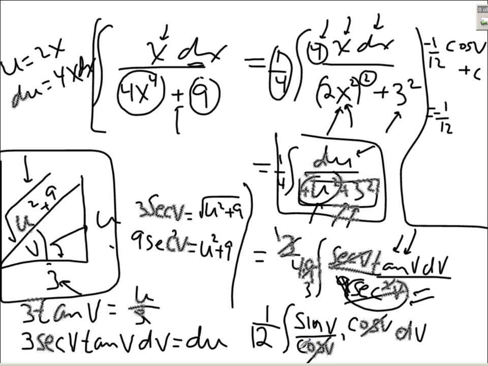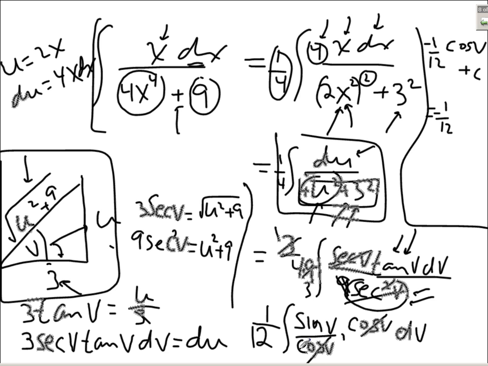3 goes into the 12 in the bottom 4 times. So you have negative 1 over 4 times the square root of u squared plus 9. And u at the very top left, u was 2x. So there's the answer. You can square the 2x, and of course you'll get 4x squared plus 9.